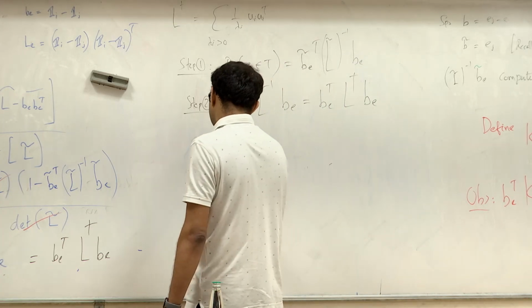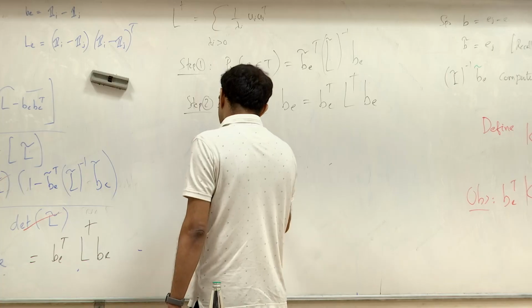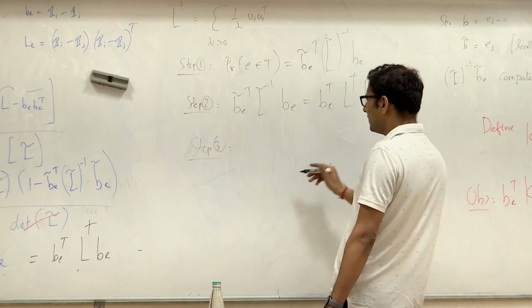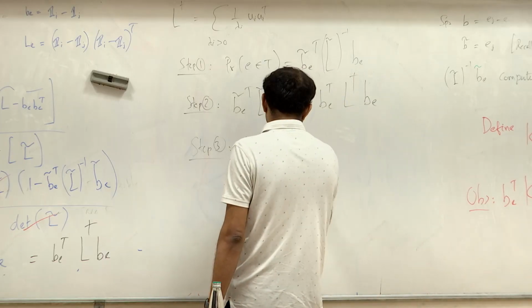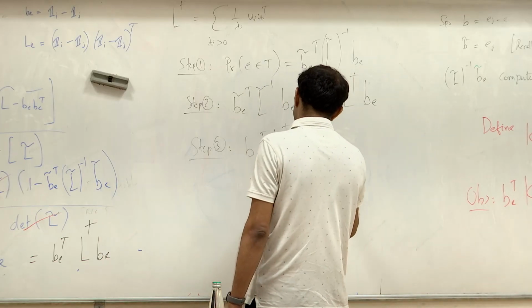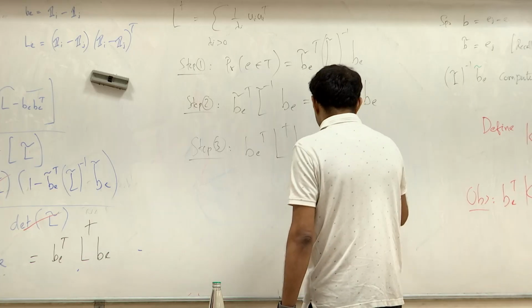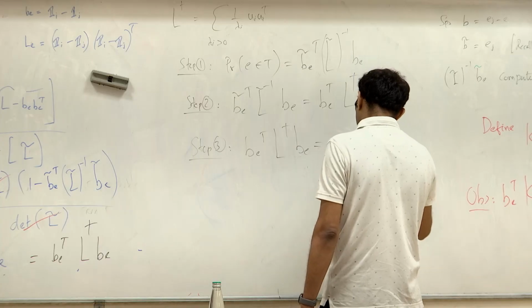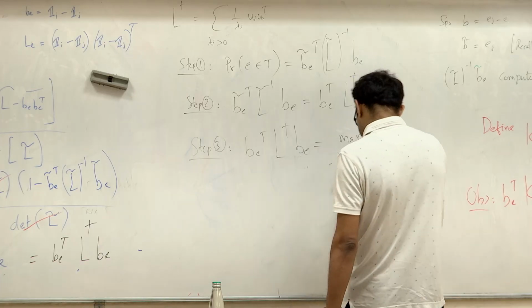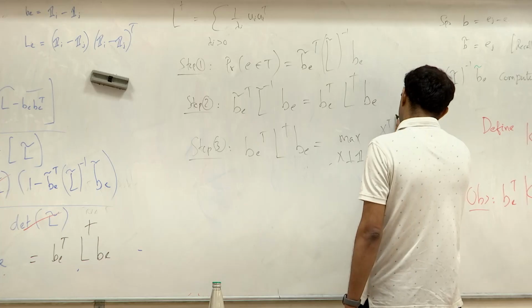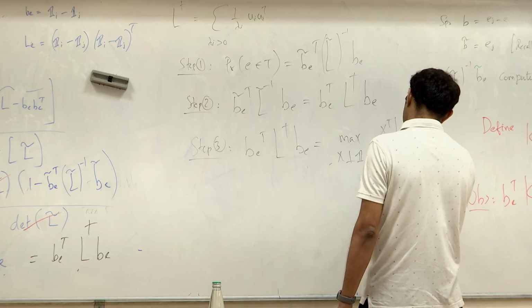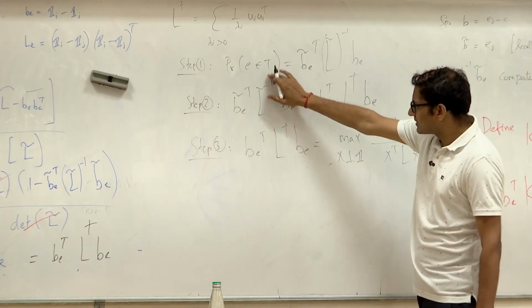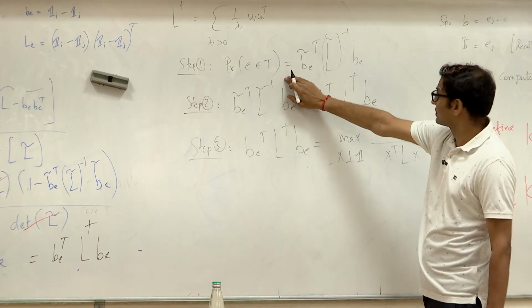And the third step tries to massage this into yet another form that I find a bit illuminating. BE transpose L dagger BE is exactly equal to the maximum value over the subspace orthogonal to all ones: the max over all vectors x in that orthogonal subspace of the quantity x transpose LE x divided by x transpose L x. I am going to assume that steps 1 and 2 have been done. Step 1 was done, right?